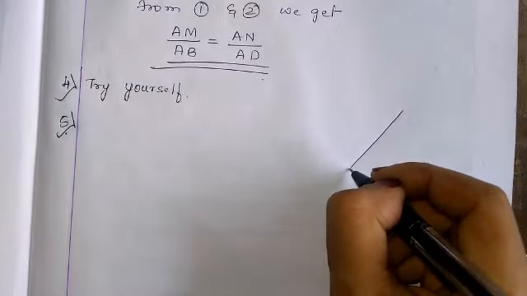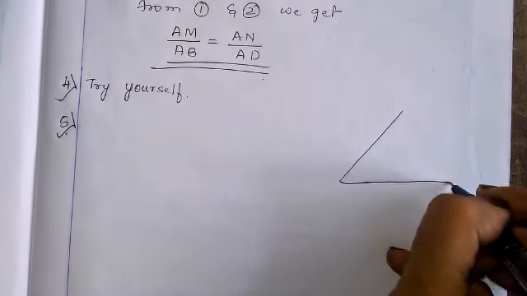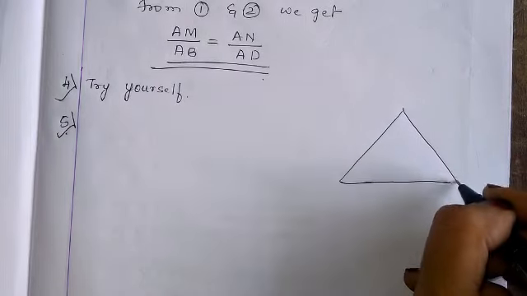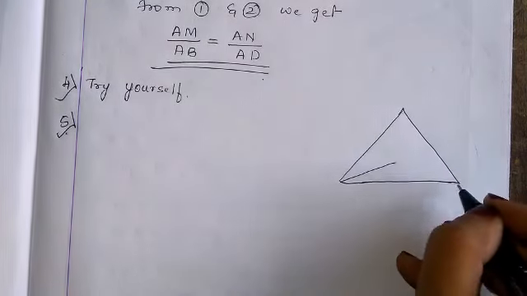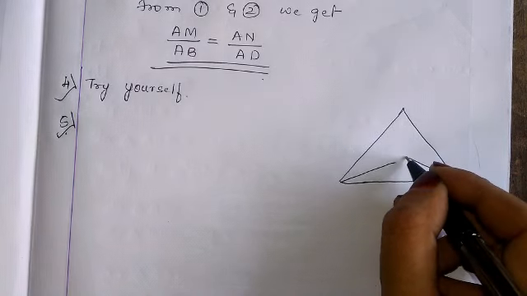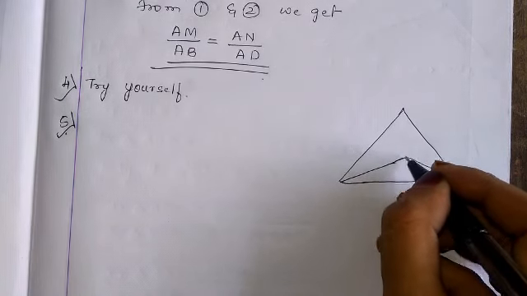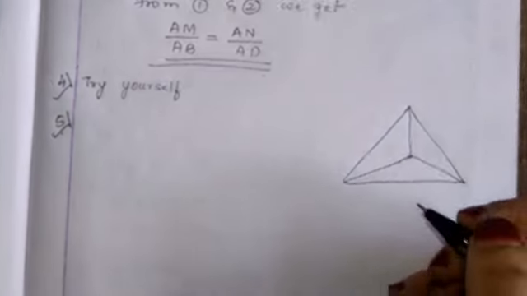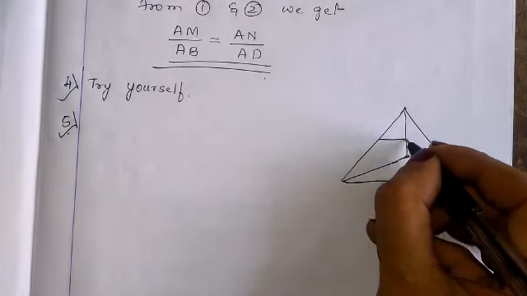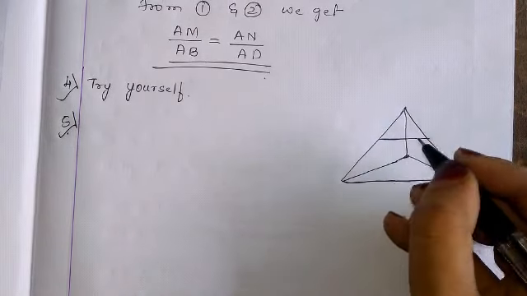Let me draw a triangle. Then they have drawn one more triangle, and from this point they have joined this. Then EF is one line that is parallel.